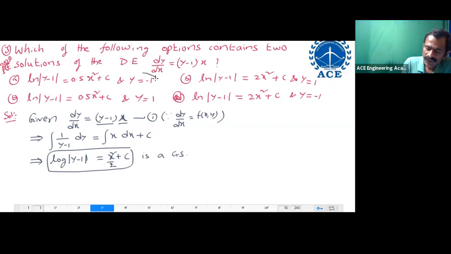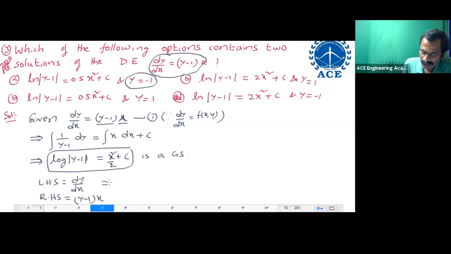If you want to say that y equals minus 1 is a solution of this equation, the differential equation should be satisfied by this y equals minus 1. Let us consider the LHS part. The LHS of the differential equation is dy by dx. The RHS is (y minus 1) into x.